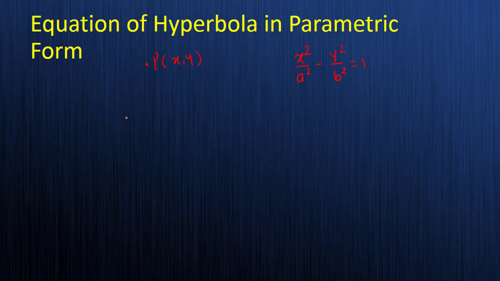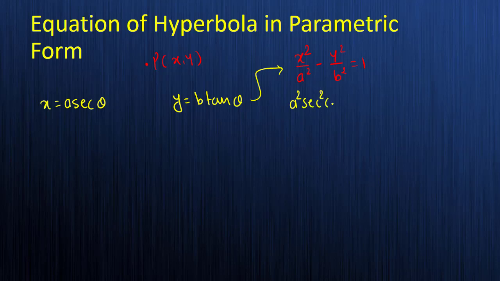Suppose I take x equals a sec theta and y equals b tan theta. Then what happens? Substitute these two values in this equation. So you will have a square sec square theta upon a square minus b square tan square theta upon b square equals 1. The a square cancels, the b square cancels.